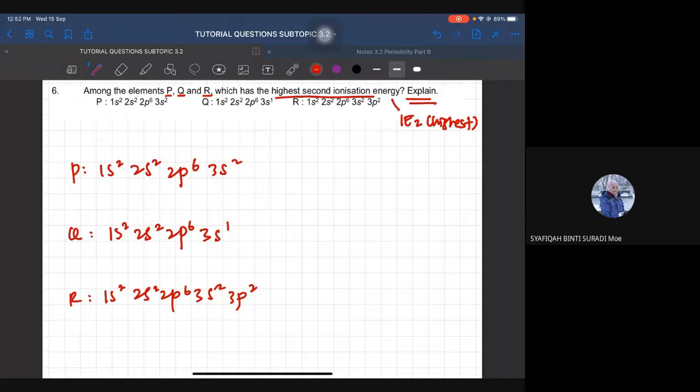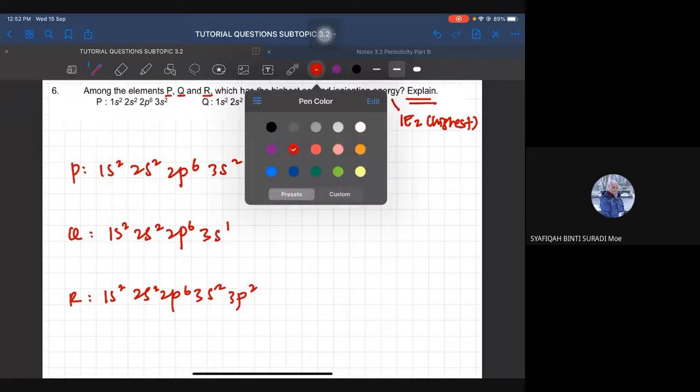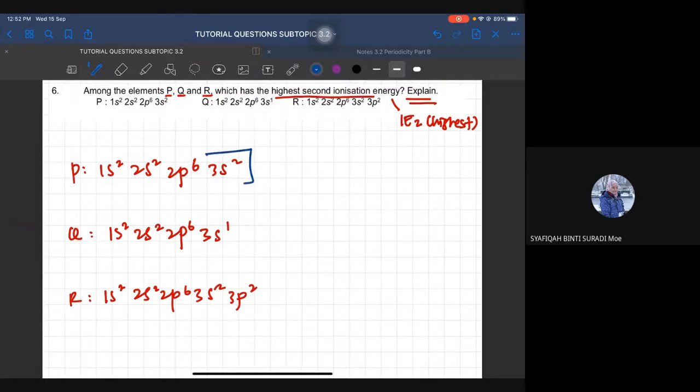So, kita nak remove electron from the outermost shell lah, outermost yang paling valence electron lah kiranya. So, sekarang ni kalau kita tengok yang kita nak remove dekat yang valence electronnya, dekat sini lah. Yang outermost shell kita nak remove.